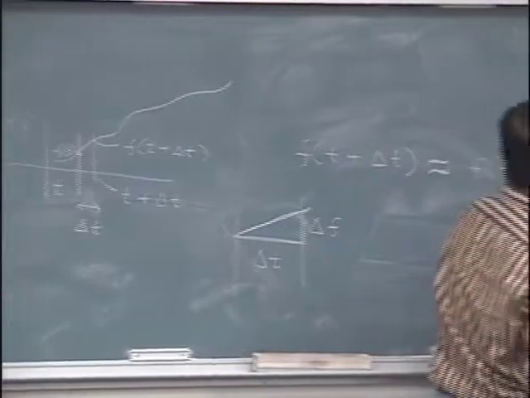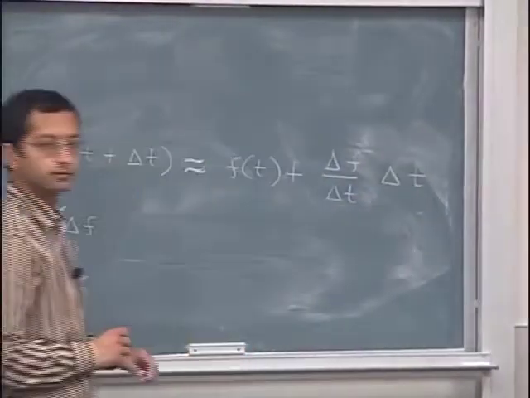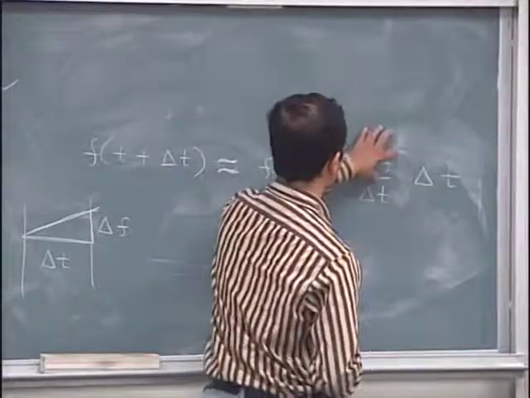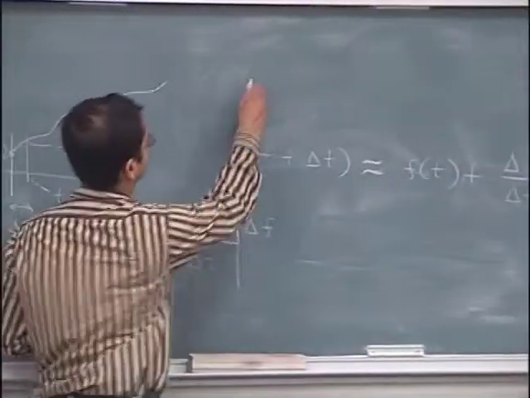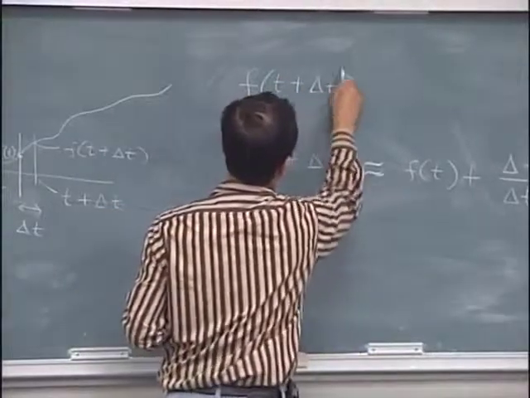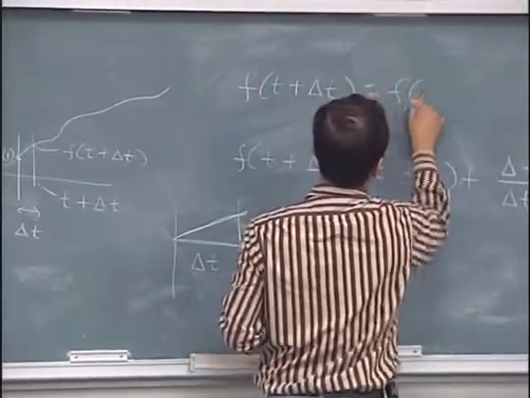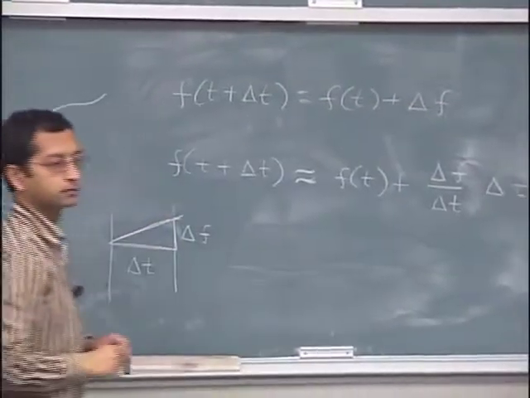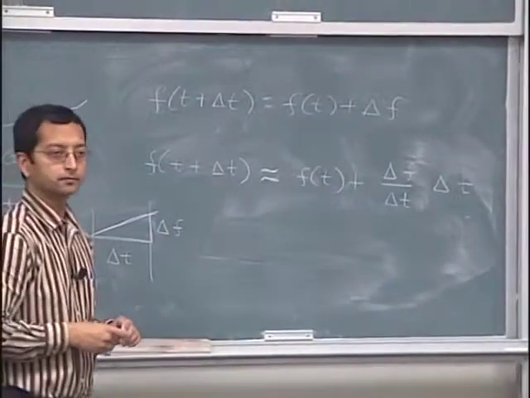This is permissible, okay? Because delta t cancels, you have delta f. So basically what I'm writing, f(t plus delta t) is f(t) plus delta f, correct?